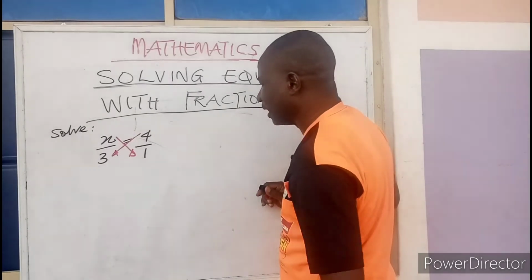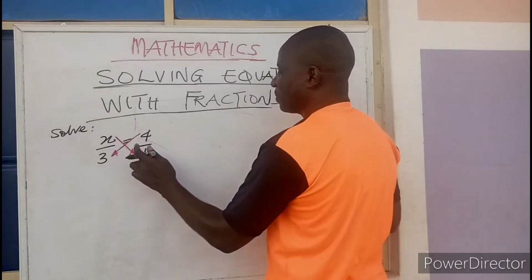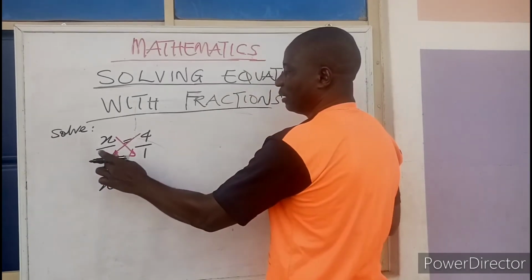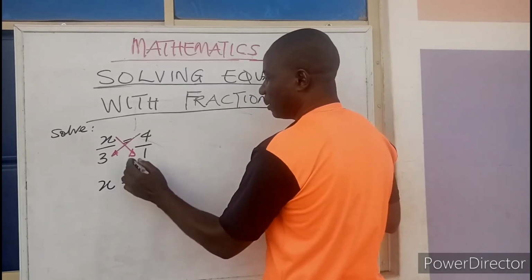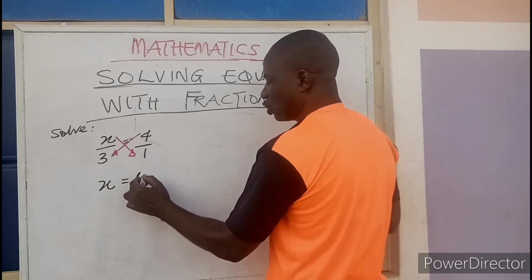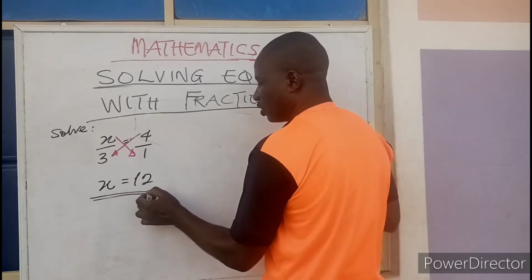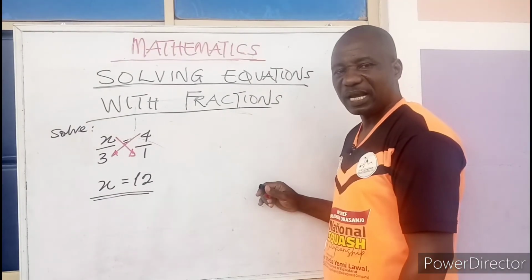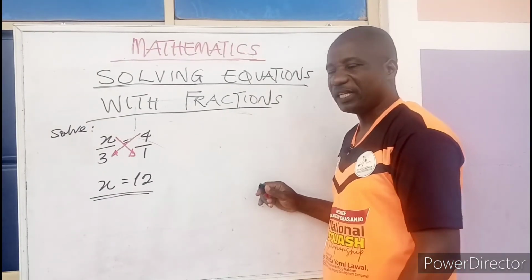So when you are having that, x times 1, that is x. 3 times 4, don't forget we have sign of equality, is equal to 3 times 4 is what? Is 12. So the answer is 12. We have solved that. Very easy. I think you understand.